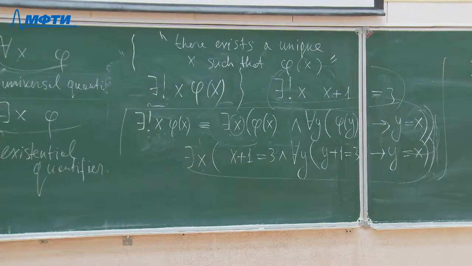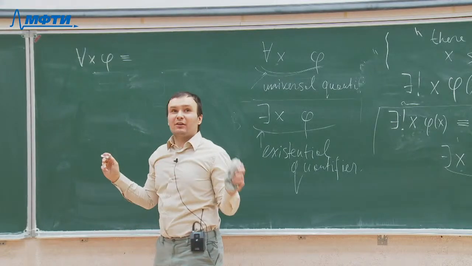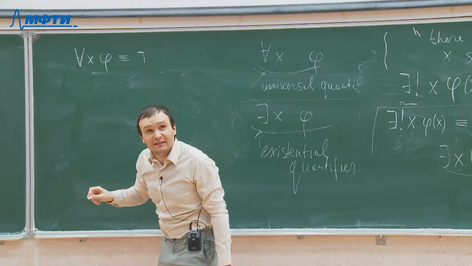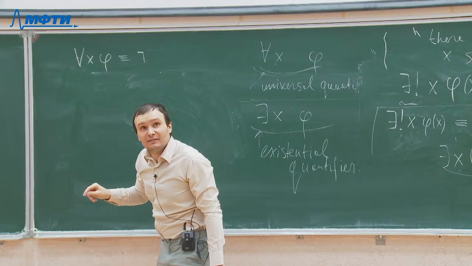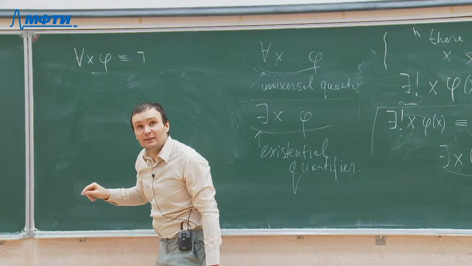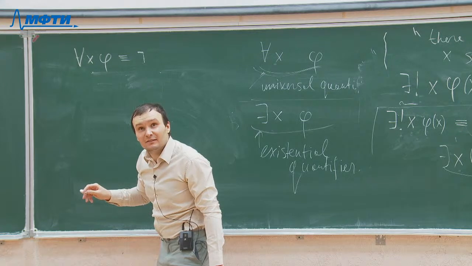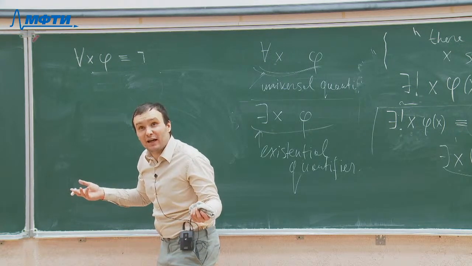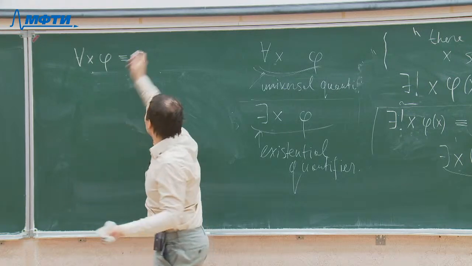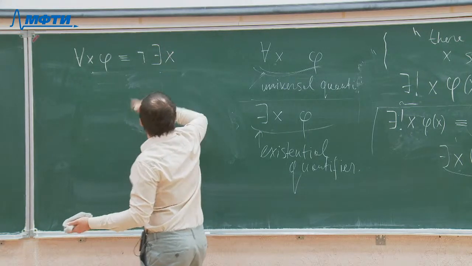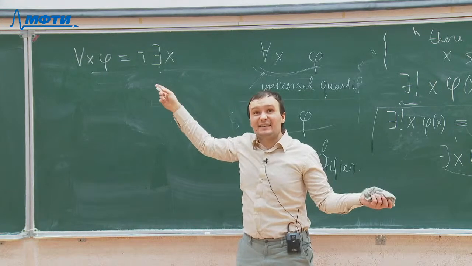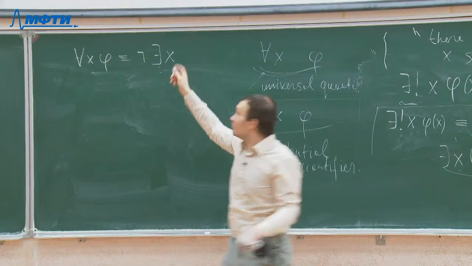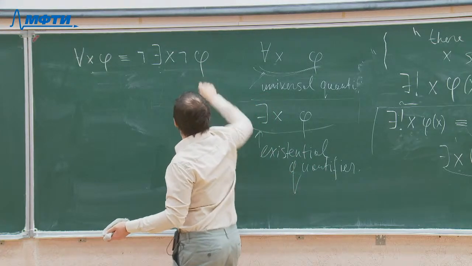Okay. What does it mean that every natural number is fragile? That means that it is not the case that there exists a number which is not fragile.